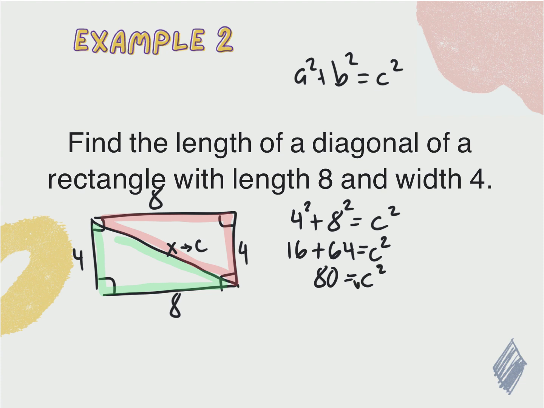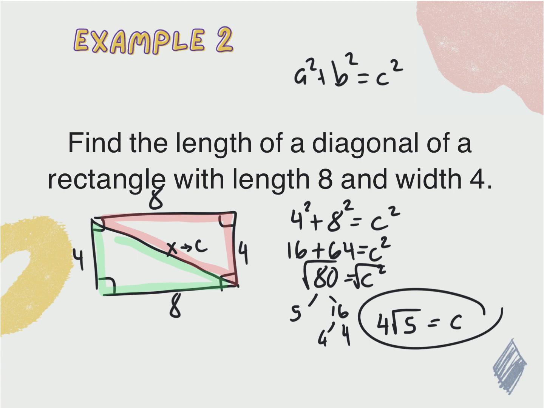I'm going to take the square root of 80. This simplifies to 16 times 5, and the square root of 16 is 4, so I end up with 4 root 5 as c. So my diagonal is 4 root 5, or our x is 4 root 5.